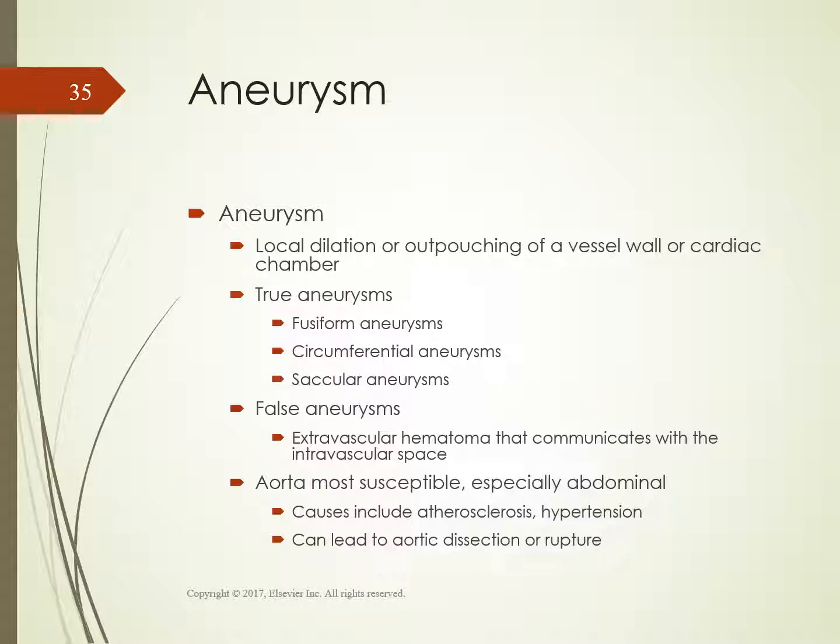The aorta is most susceptible, especially the abdominal aorta. Causes include atherosclerosis and hypertension. If somebody's a smoker, that can cause it, and it can lead to aortic dissection or rupture.